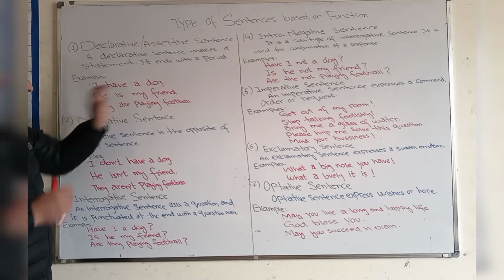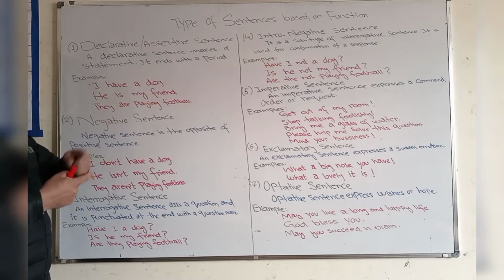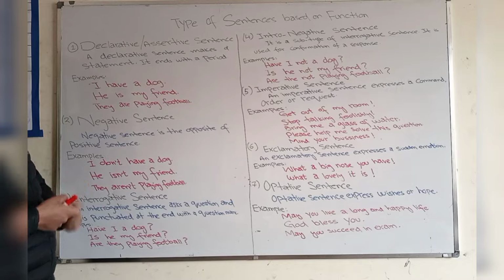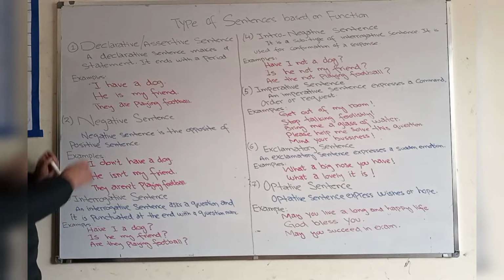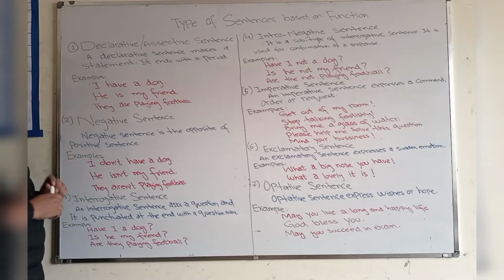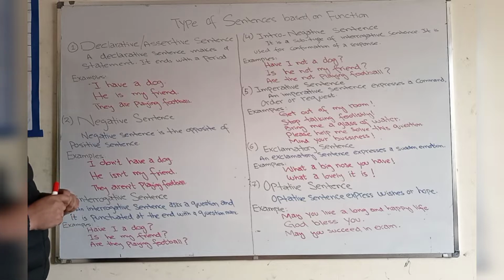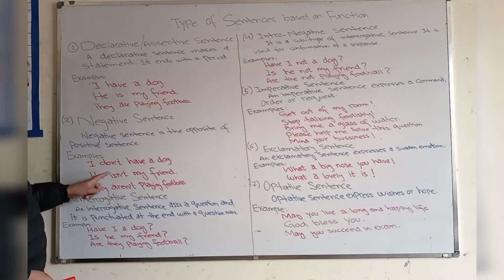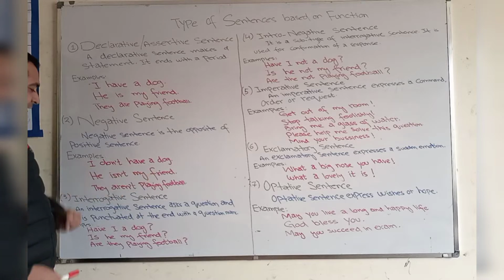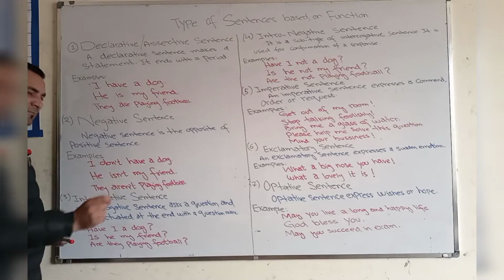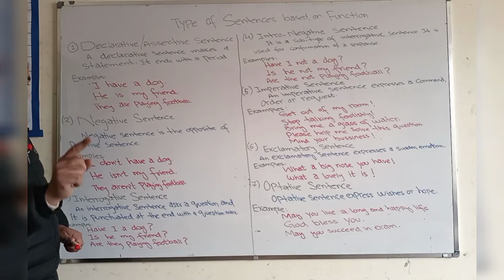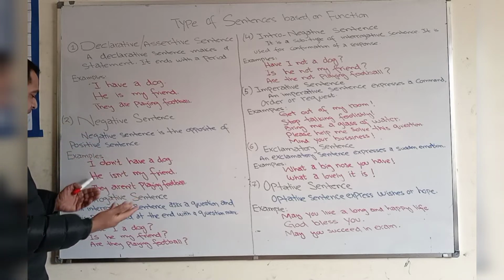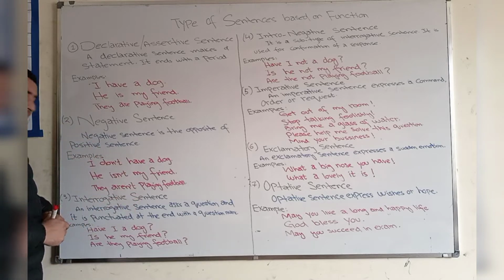He is my friend is a positive sentence. Let me convert it into a negative sentence. Simply, where there is a helping verb in a sentence, we're supposed to use not after it. So, he isn't my friend. Now, this isn't is simply is and not, all right? So it becomes isn't.